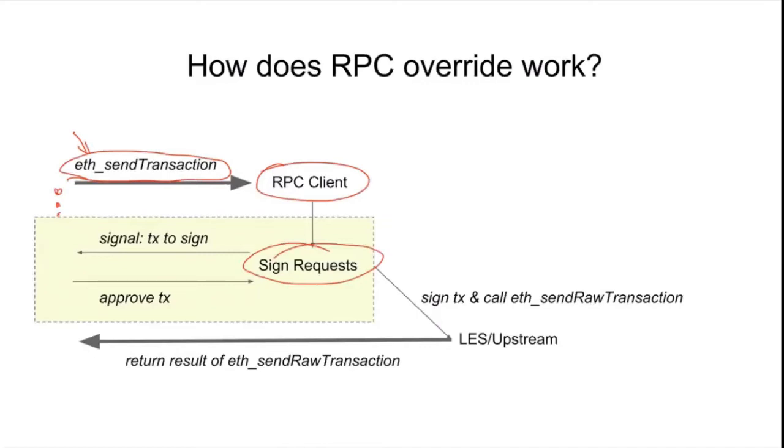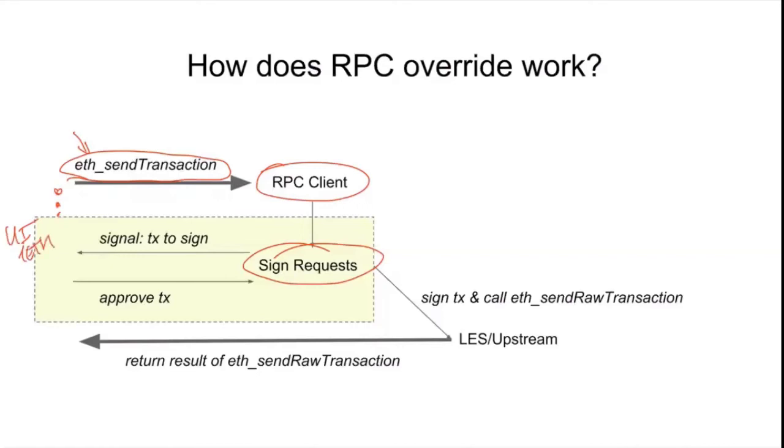Then whenever the sign request is added, we send a signal to the UI: okay, someone tried to send a transaction with this data. And then the client of Status Go can show some dialog that tells, okay, from this address to this address, somebody tries to send this much money, like 1.8.